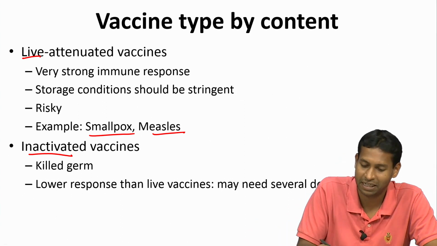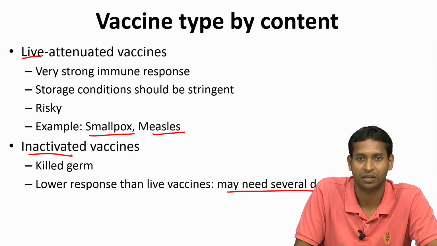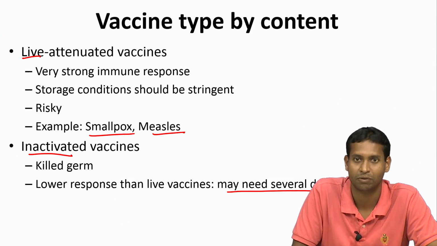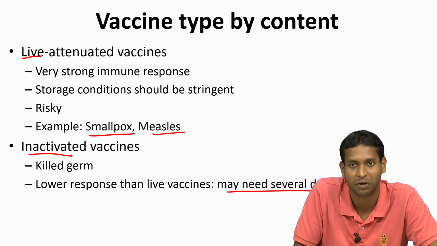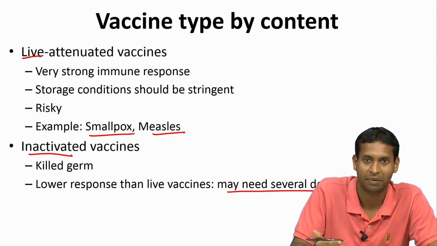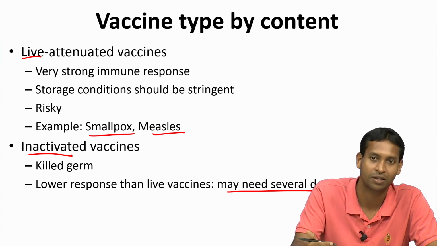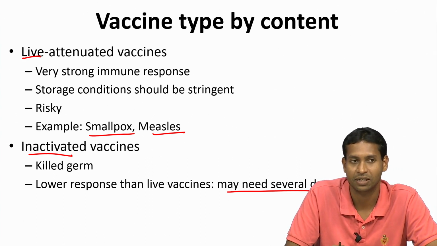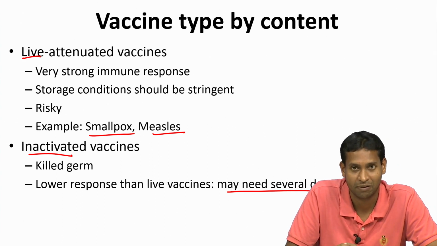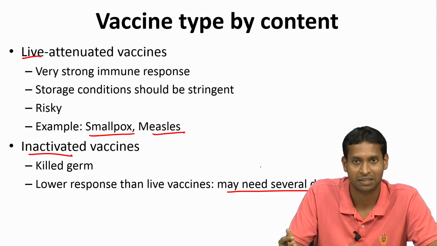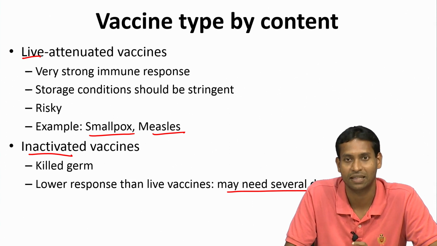Sometimes they may need even several doses. You might have gotten injections several times for particular vaccines. The doctor may ask you to come 7 days after the injection to get another injection, or a booster dose, as it is referred to in the literature. Sometimes these booster doses could be months apart, at 1 month and 6 months. A lot of hepatitis vaccines are like that.